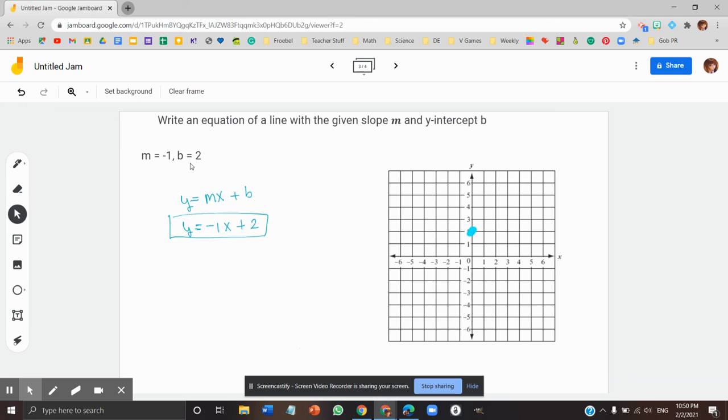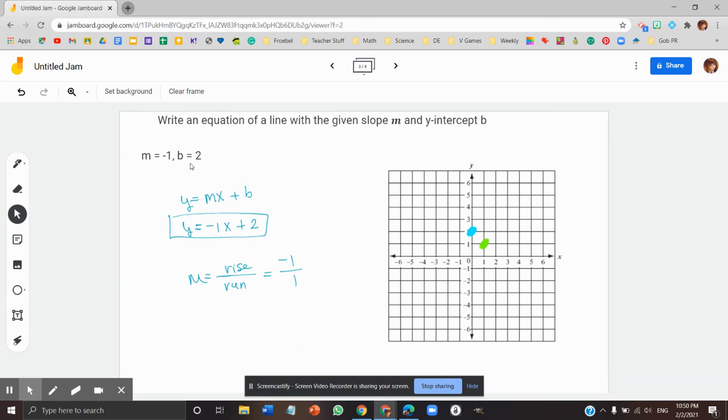So m is my slope, which is the same thing as my rise over run, and it's telling me that it is -1. So all I have to do here is make this a fraction. I'm going to go down once and to my right. Therefore, my next point is around here.